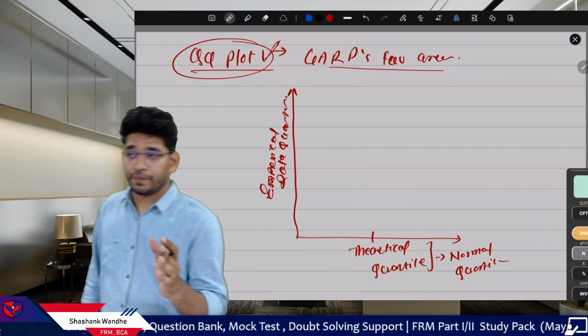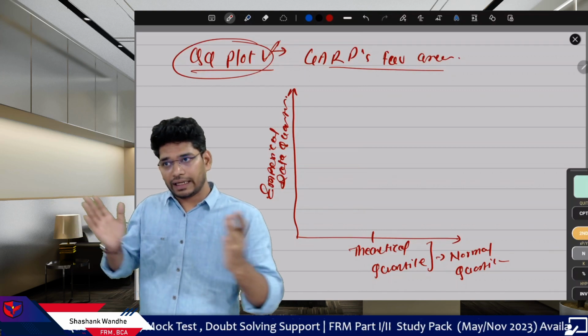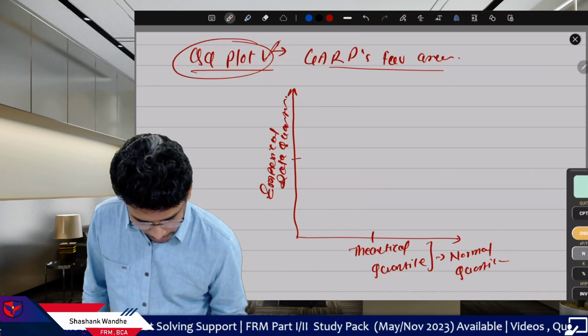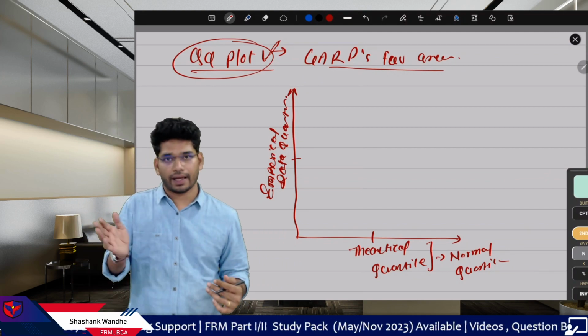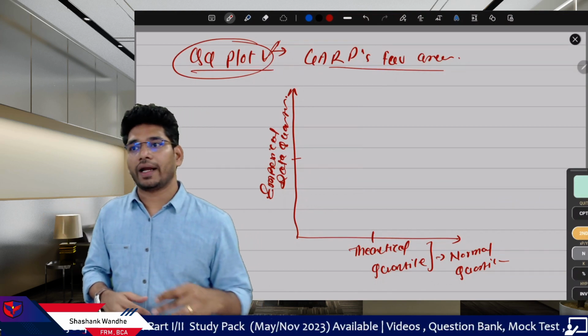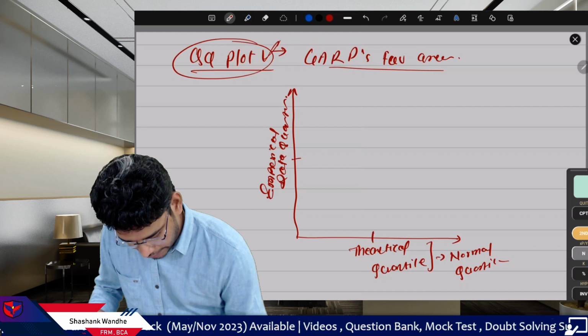in case some of you don't know, a quantile is simply when you divide the complete data into equal parts and then you plot your data here. Okay, so we create a quantile scale here on this side and that side. So on the y-axis you have the empirical data quantile, on the x-axis we have the theoretical quantiles, and then we plot our data.